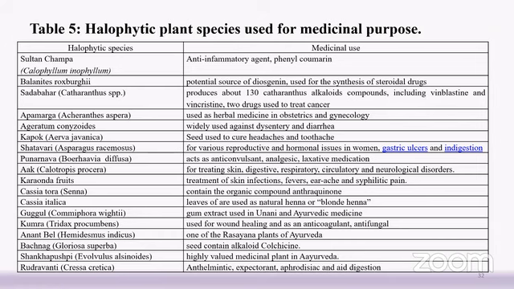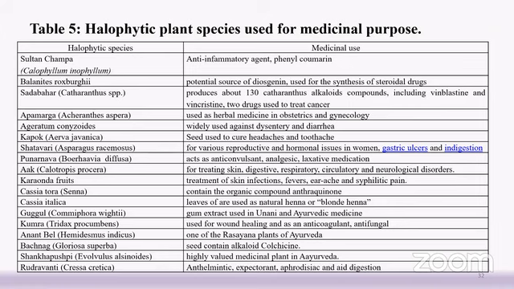Guggal, gum extract from the plant used in Unani and Ayurvedic medicine. Kumra, used for wound healing as an anticoagulant, antifungal. Anant Bel, one of the Rasayan plants of Ayurveda. Bachnak, seed contains alkaloid colchicine. Shankhpushpi, a high valued medicinal plant in Ayurveda. And Rudravanti, anthelmintic, expectorant, aphrodisiac, and for digestion.